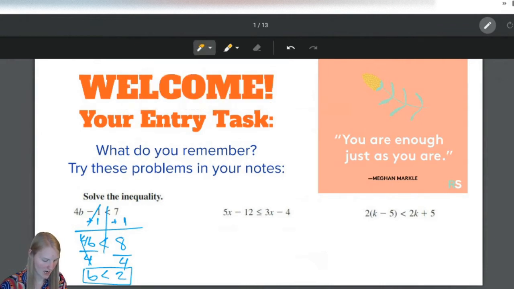Next problem. I have an x over here and an x over here. So I know that I'm going to need to get my x's over here and my numbers over here. To get the x's all on one side, I'm going to combine, put my apples together.